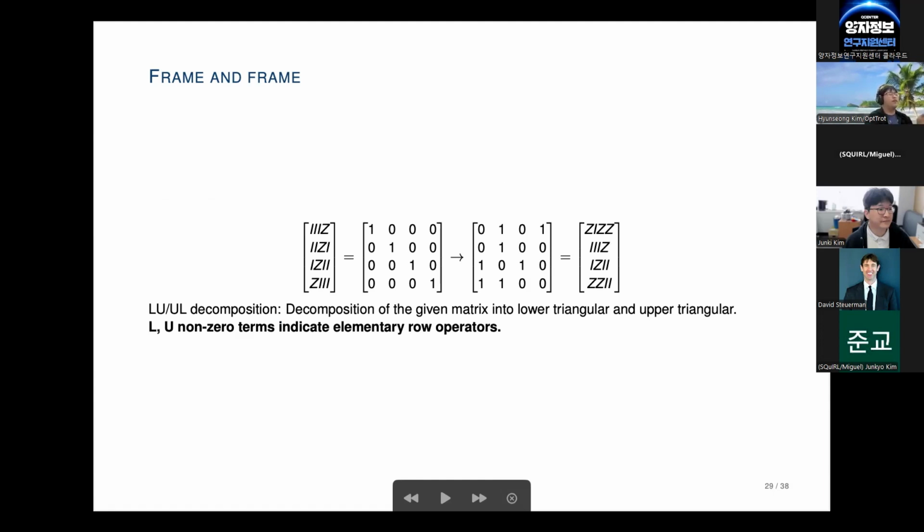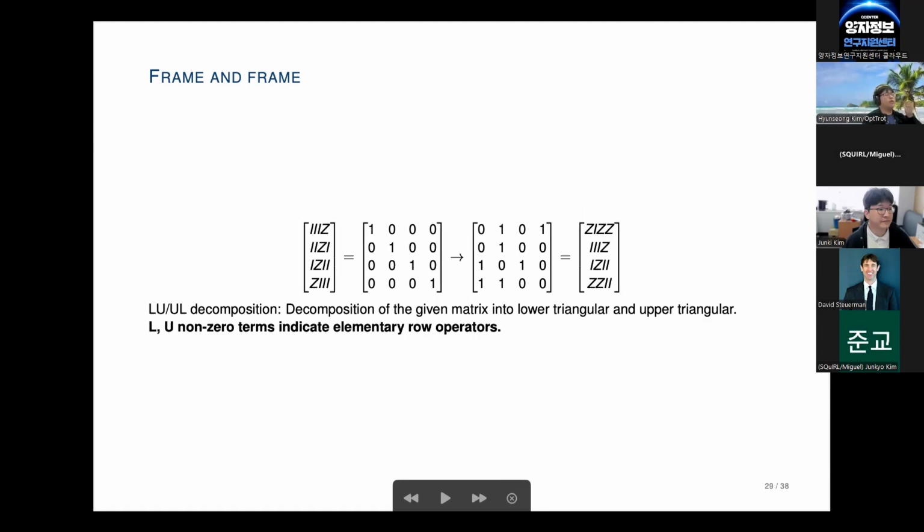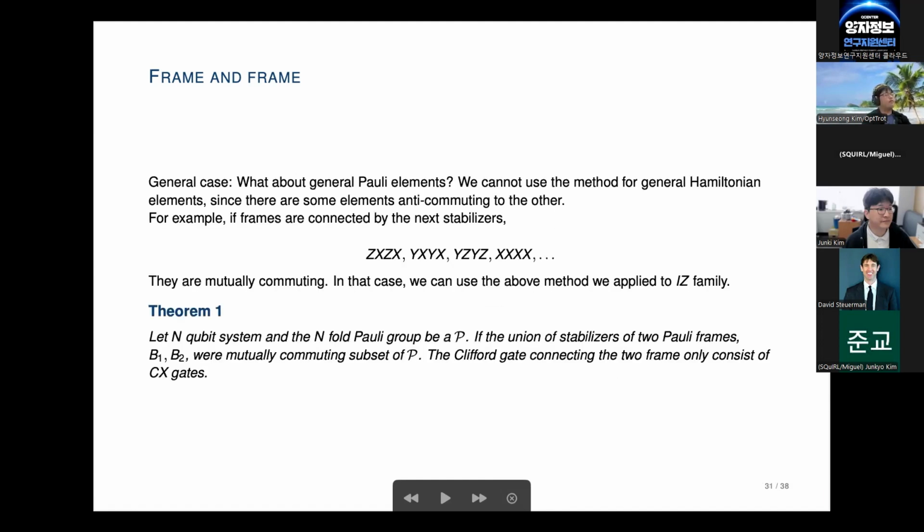Then we can find the corresponding CX map to accomplish the new Pauli frame. So these are examples of the CNOT gate transformation we found.